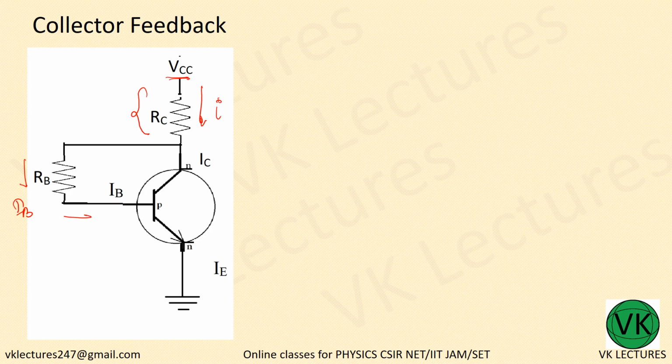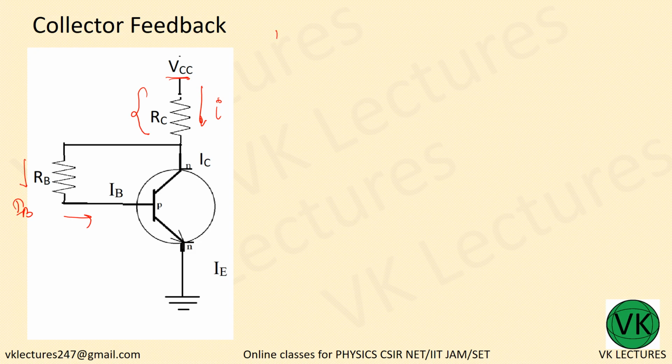This RC is connected to both the base as well as the collector, but still we will give this name C, and there is no resistance or voltage drop across the emitter terminal.